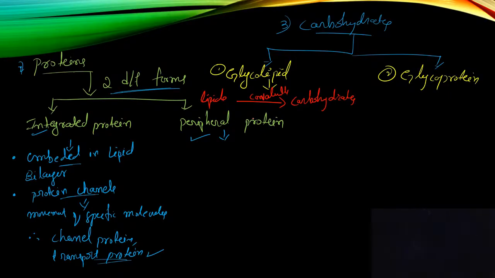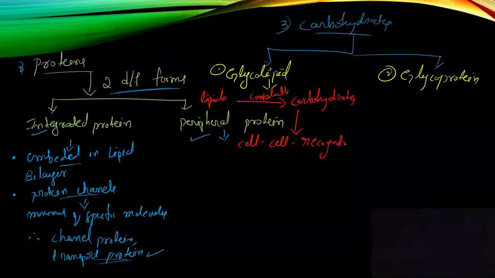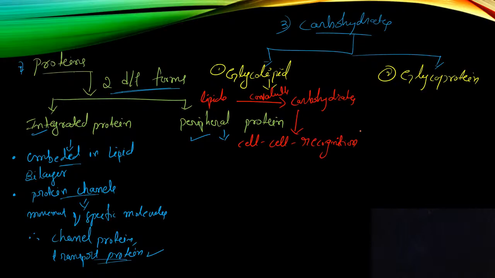And these glycolipids are involved in cell recognition. What is the actual meaning of cell recognition? Cell to cell recognition means the process where cells identify the neighboring cells.